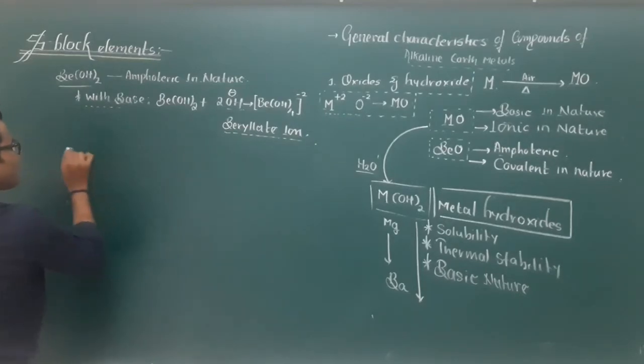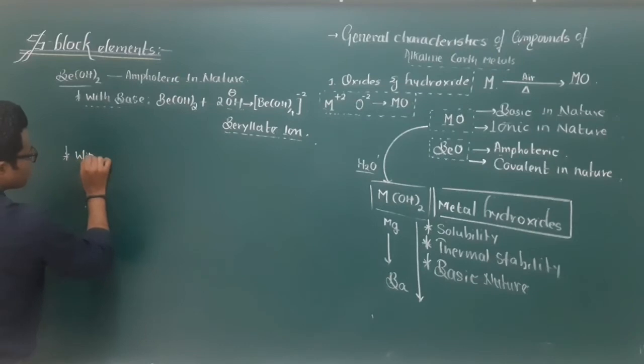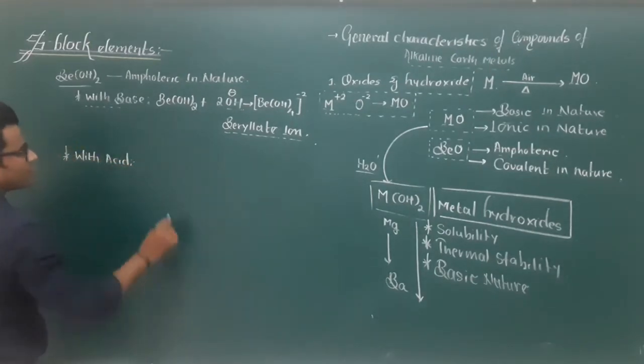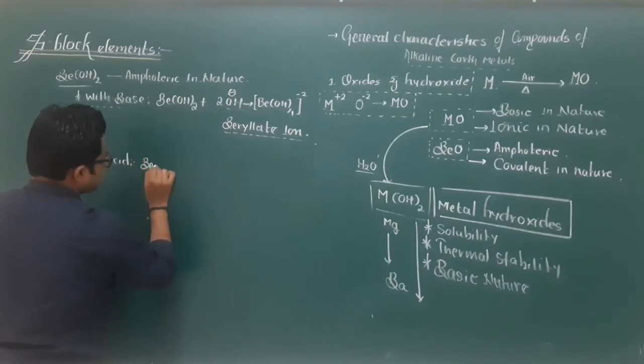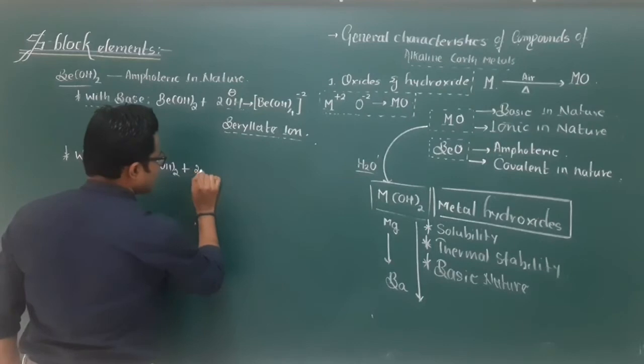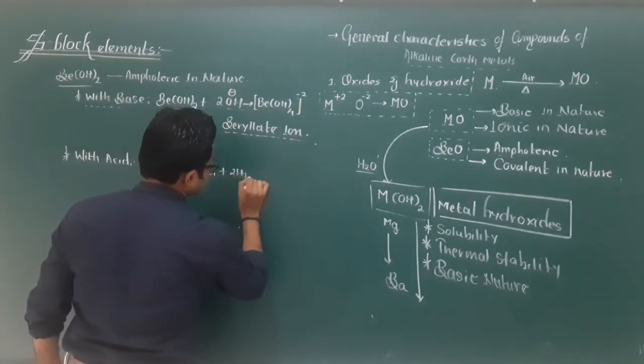On the other side, as we said, it can also react with an acid. With acid, we'll take one example over here: Be(OH)2 plus 2 HCl in the presence of water.